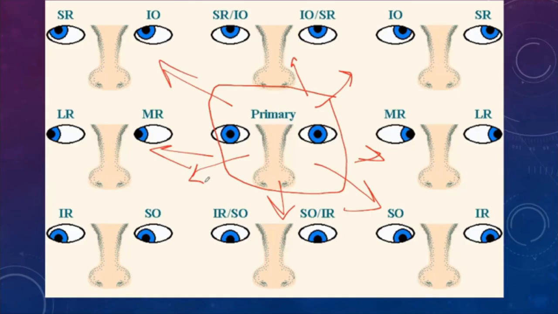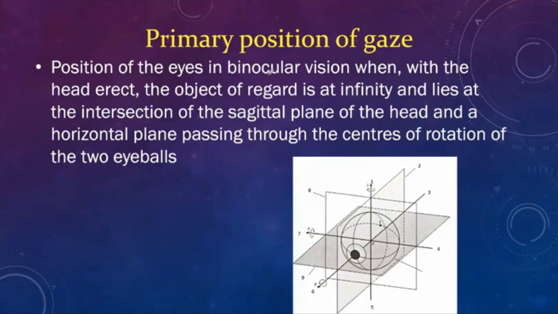So starting with the first, what is the primary gaze or the primary position? The primary position is a position of both eyes, so it is a binocular condition. We cannot judge a primary position by a single eye only. So it is a binocular condition in which the eyes are looking at infinity, or the target is present at infinity, and in this condition, there is a sagittal plane, which is number 2.